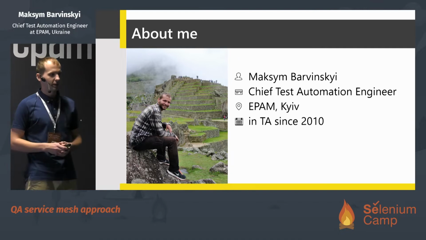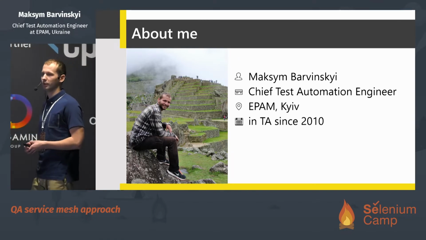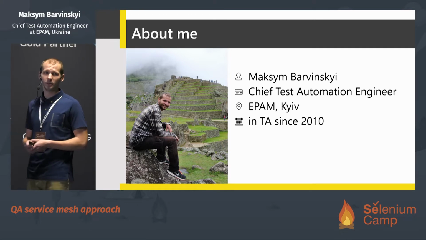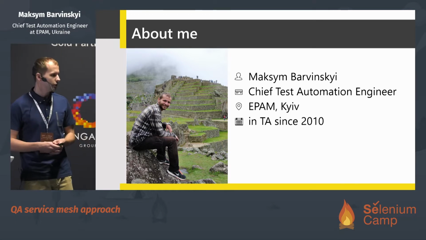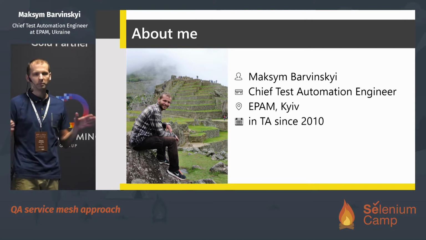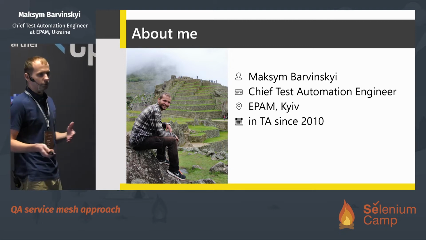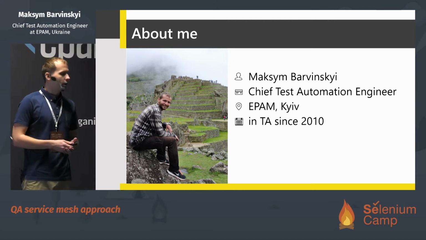All right, let's start. My name is Maksym Barvinskyi. I am Chief Test Automation Engineer in EPAM here in Kiev, and I have total experience in test automation of more than 8 years. I worked on many different projects, mostly with Java and Python, with Web UI and API testing.